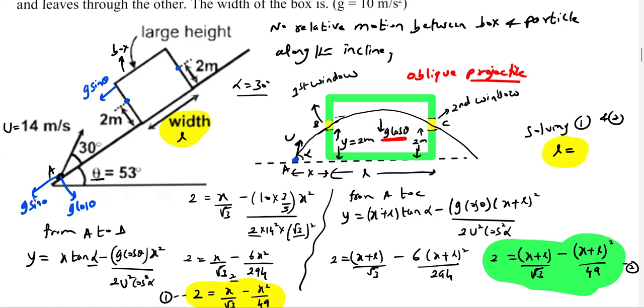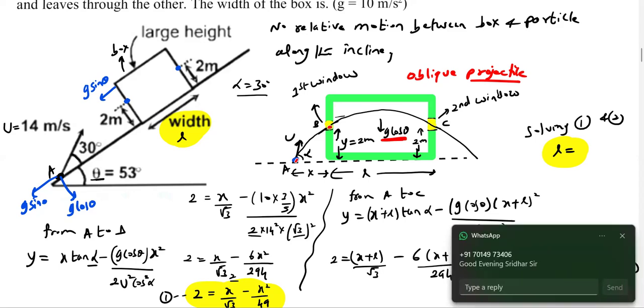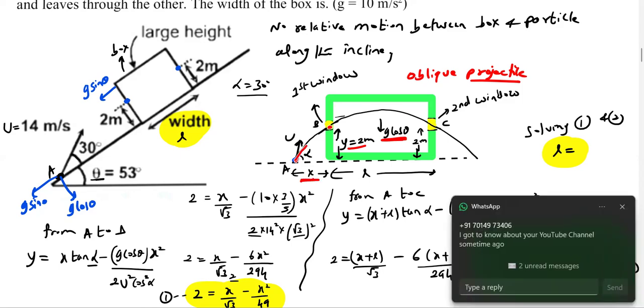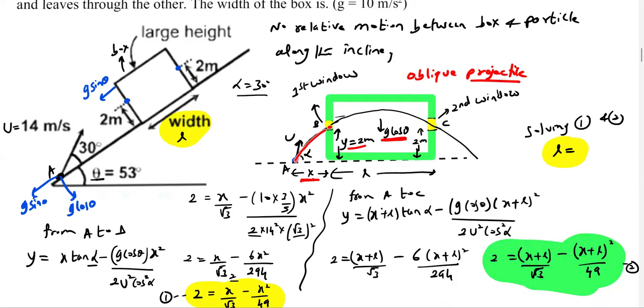Then we'll use the equation of trajectory of the projectile. I'm projecting the particle from point A. Then it has to pass through point B. The height here will be 2 meters and x is the distance of the box. So this will be the parabolic path. From A to B, we apply y equal to x tan theta minus g cos theta, this one.